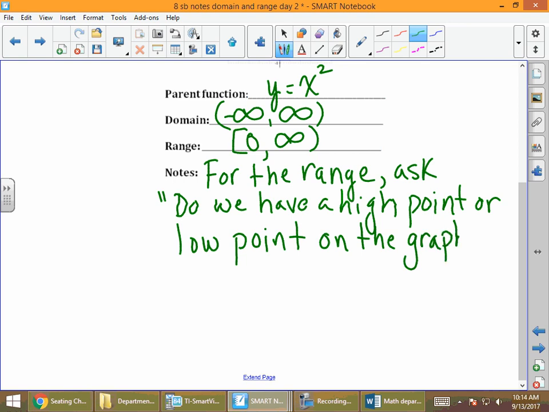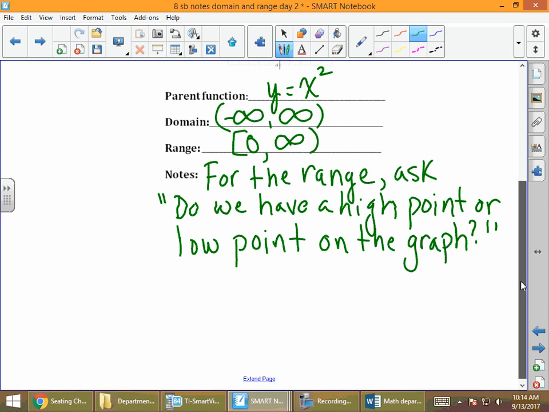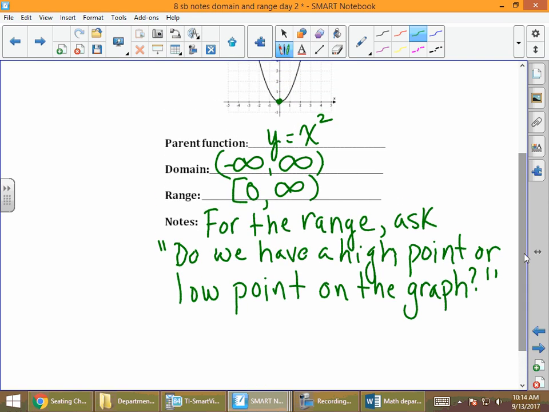And if the answer is yes, that can help us identify the domain, identify the range like it did on this particular problem. Do we have a high point or do we have a low point? We found the low point and we came up with 0 to infinity. We kept going on and on and on. But we did have a definite starting point, in this case a low point on the graph.